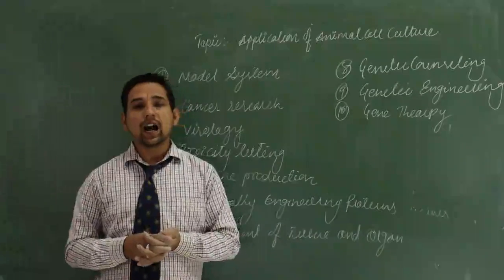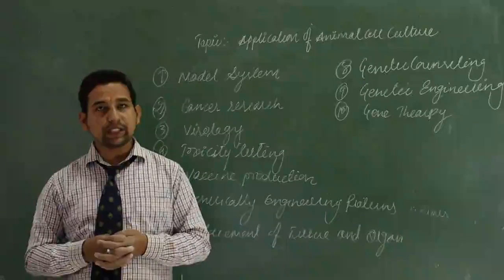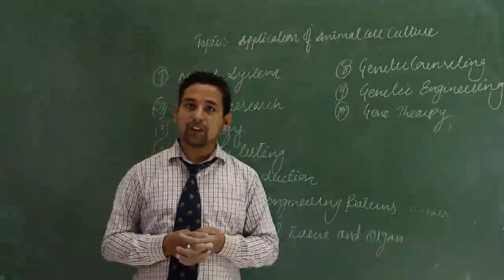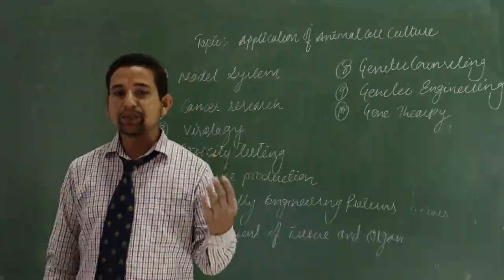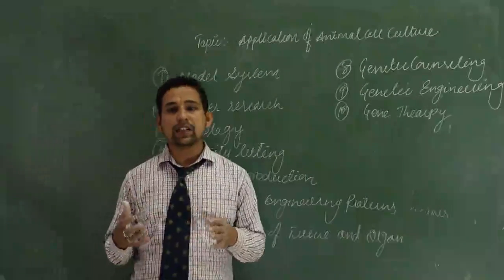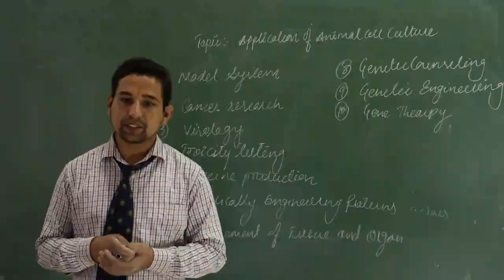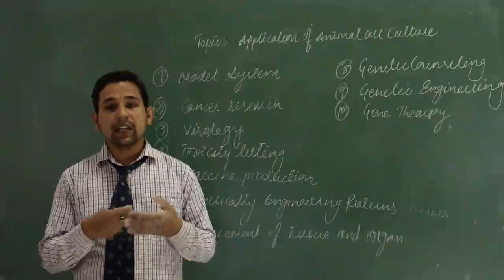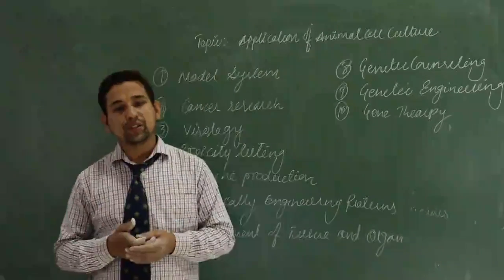First, cells are removed from the patient lacking a functional gene or missing a functional gene. These genes are replaced by the functional gene, and the altered cells are cultured and grown in laboratory conditions. Then these altered cells are introduced into the patient.